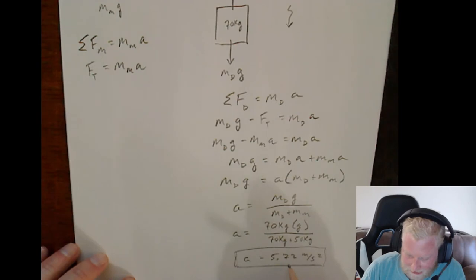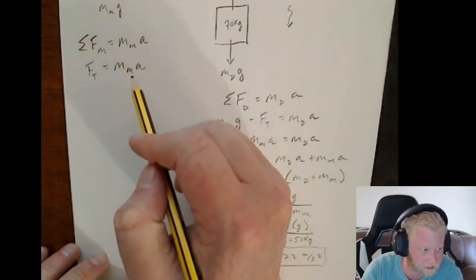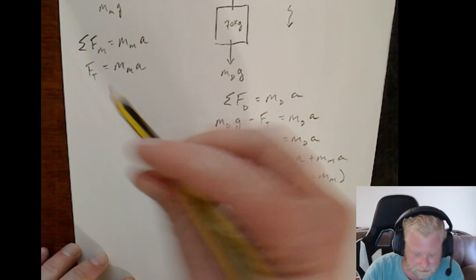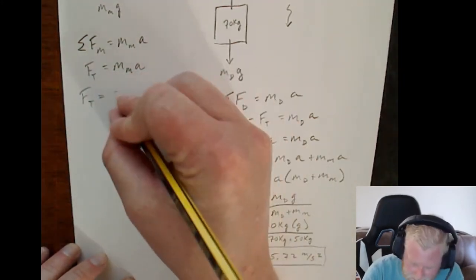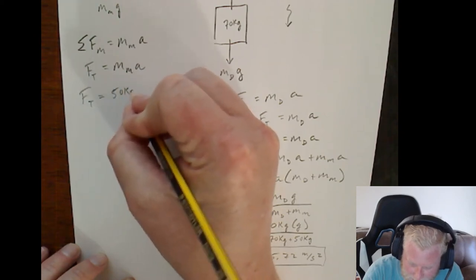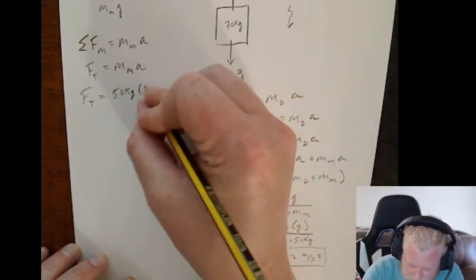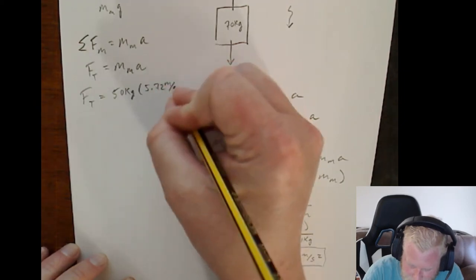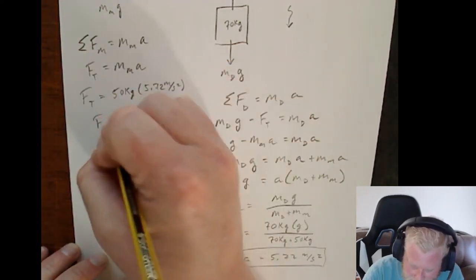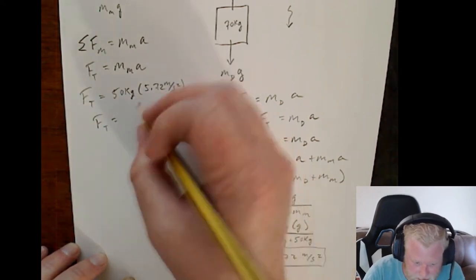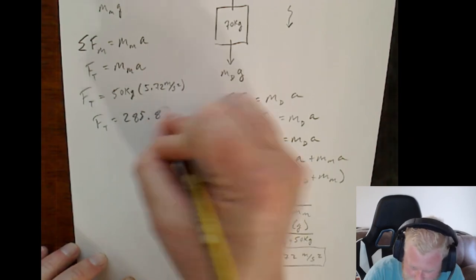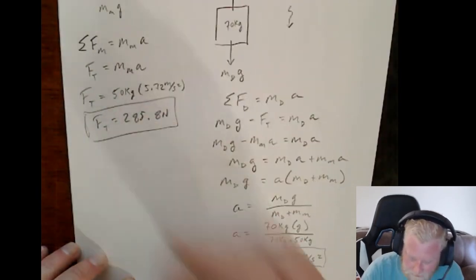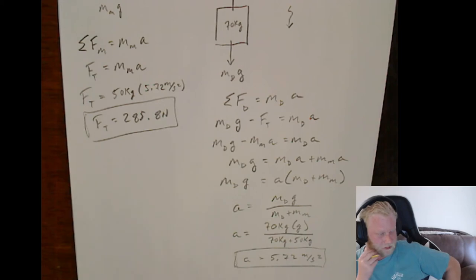All right, now that we have our acceleration, we can come back up here and solve for our tension force, because that tension force is shared between Dawn and Mary. So 50 kilograms times 5.72 meters per second squared, and we get a tension force of 285.8 newtons. So again, we've got to work a system of equations like we did in the last one.